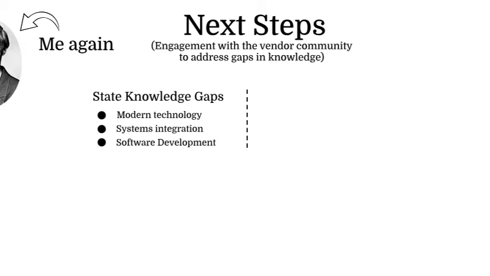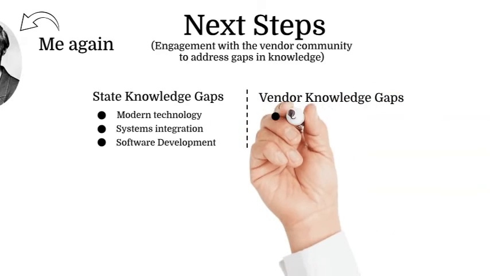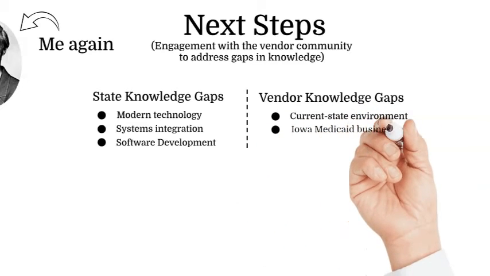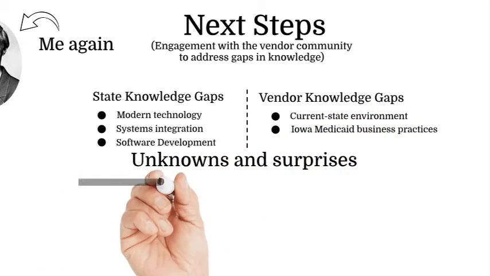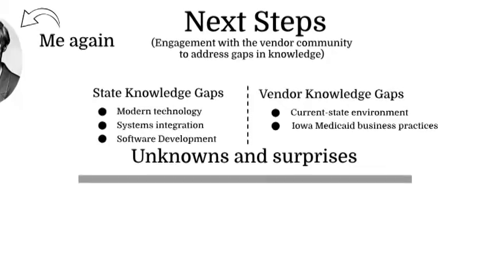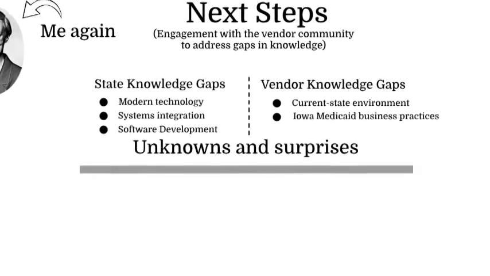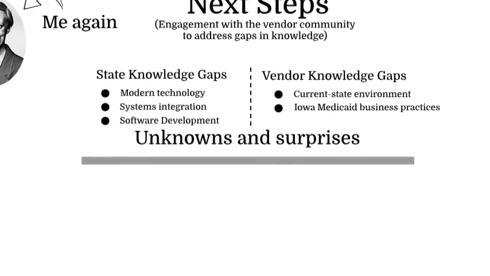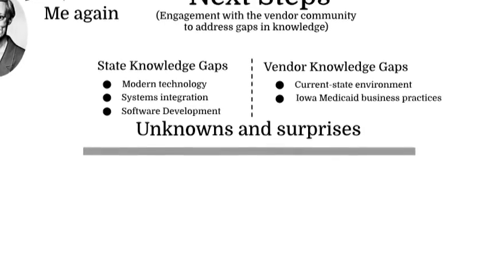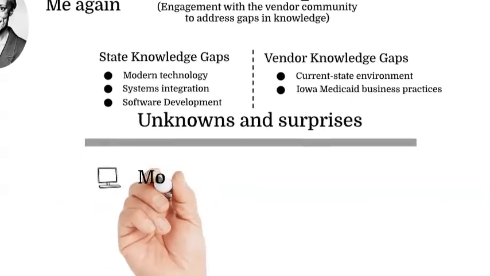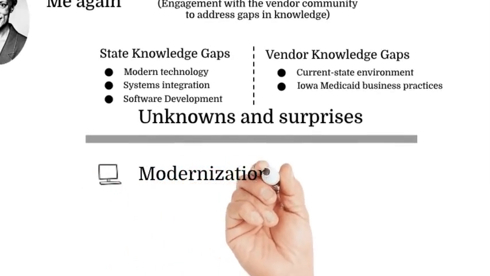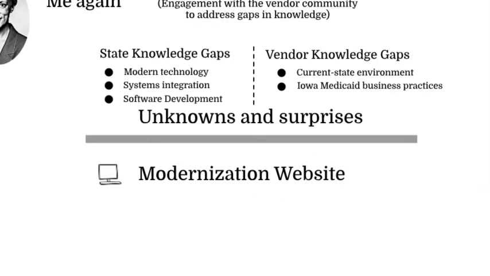We also recognize the complexity and unknowns present in our current state environment, which limit the ability of outside experts to confidently recommend solutions. We have the following activities planned to reduce both of these current knowledge gaps. First, publishing our modernization website, including questions and answers from vendors and a documentation library.